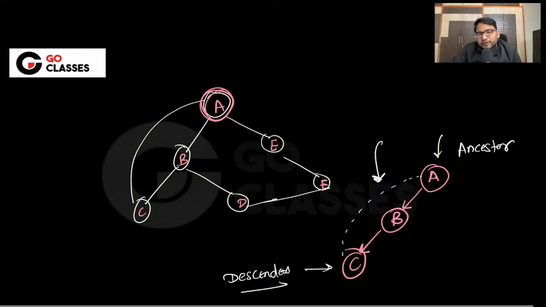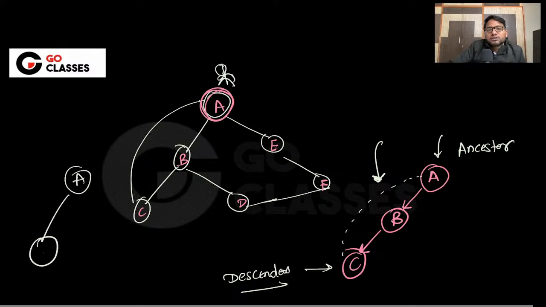When you discovered it, see, did you discover it at the time of A, when you were standing at A? If you had discovered it while standing at A, then from this A, you could have gone directly to C, right? Using this edge, you could have directly gone to C. But you discovered that at C, that okay, this is visited. You discovered it at C, and now I think everything is visited. Let me backtrack, right?